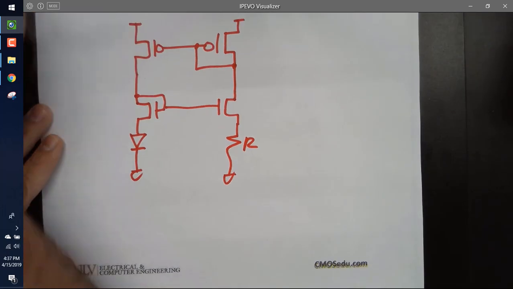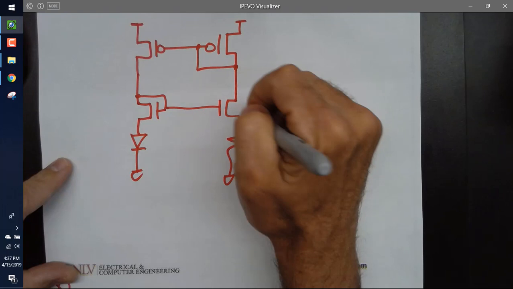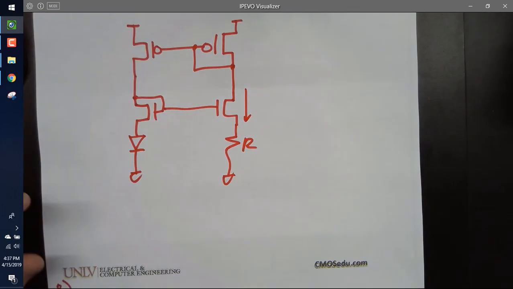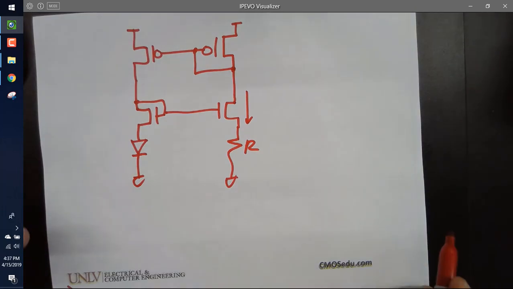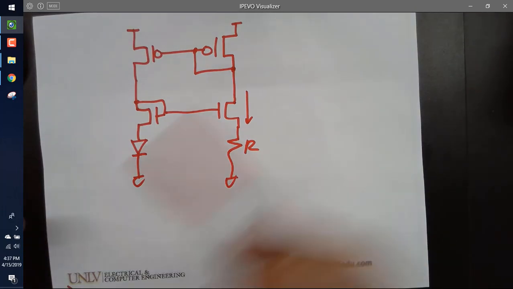First question, independent of temperature: how do I calculate the current that flows? And assume that the two NMOS are the same size and the two PMOS are the same size. Read the book.